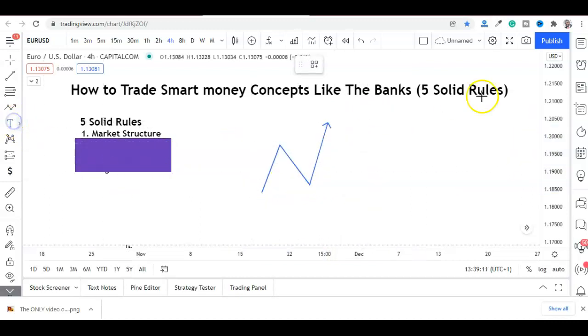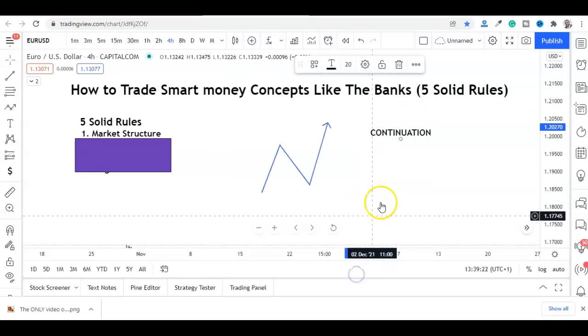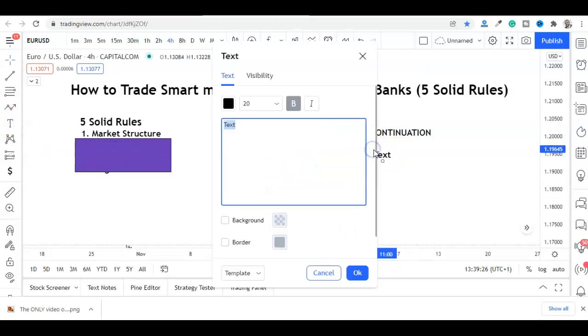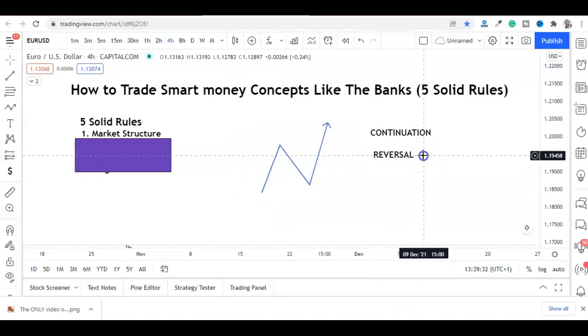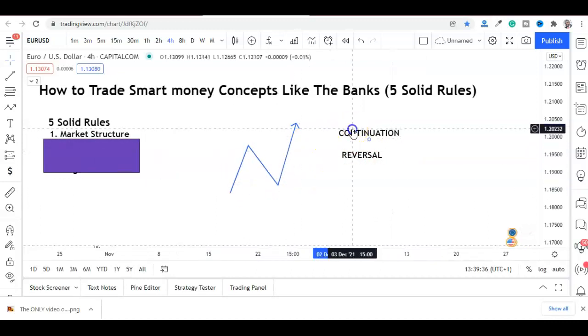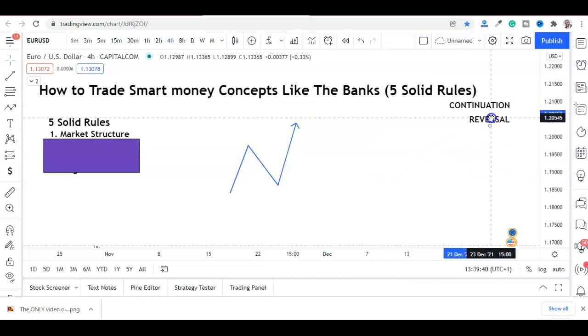We have two forms of market structure: continuation and reversal.